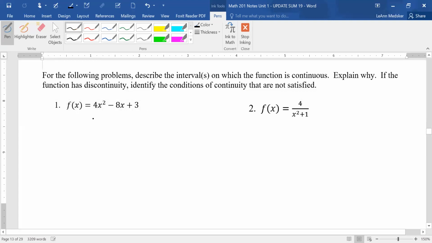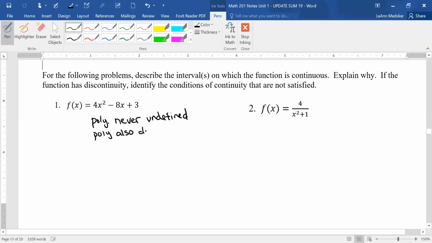The reason is that polynomials are never undefined, because you're not dividing by 0. It's not got an x in its denominator. And polynomials also don't just randomly create imaginary numbers. Like you can't just say, I'm going to plug in 5 here, and all of a sudden the answer is going to be imaginary.